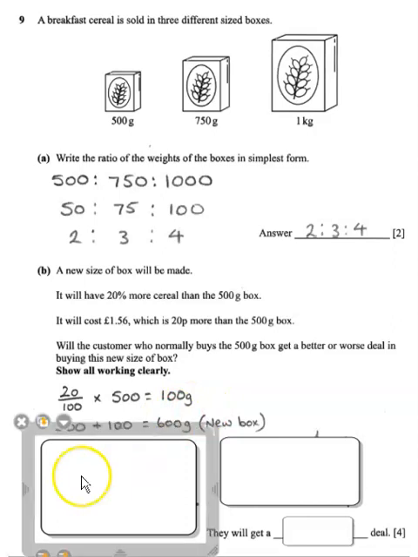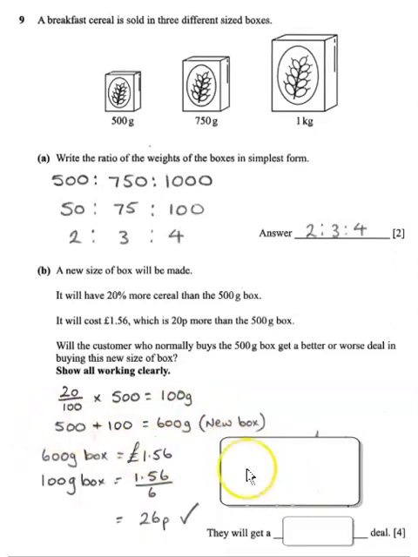So the next thing is we want to find if it's better value or not. So what I'm going to do is just equate everything to 100 grams. So we can see this 600 gram box is 156. So we can divide it by 6 to get 100 grams. So a 100 gram box is 156 divided by 6, which is 26 pence.